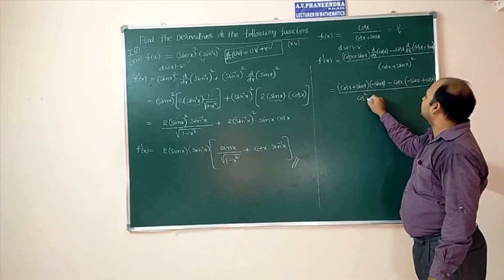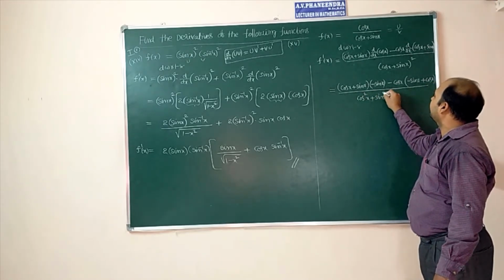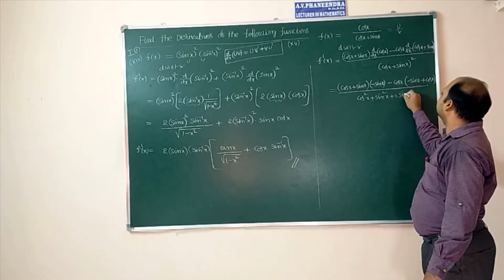Expansion of (a plus b)²: cos²x plus sin²x plus 2 sin x cos x.